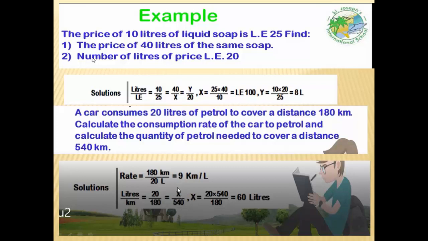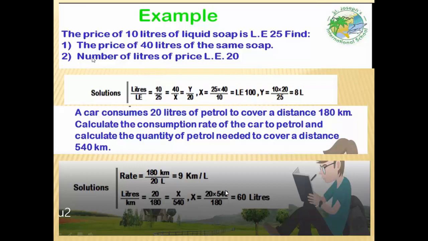Then liter by kilometer equals 20 over 180 equals x over 540. Then x equals what? 20 times 540 over 180 equals 60 liters.